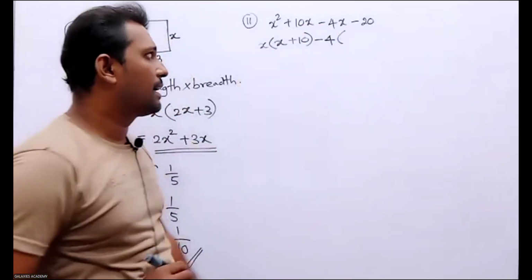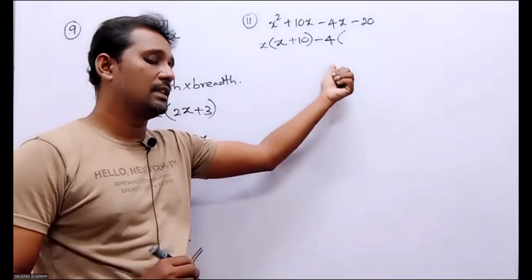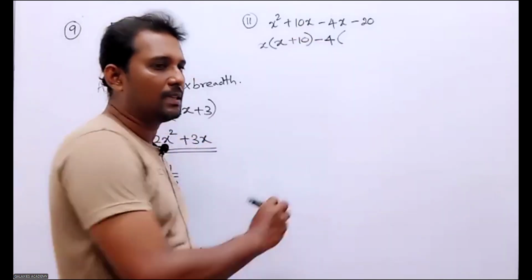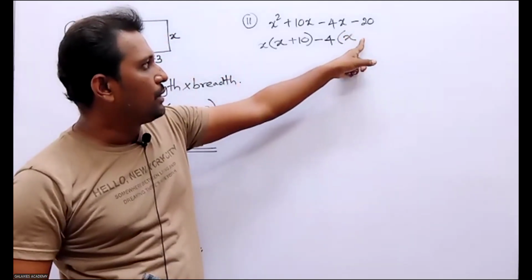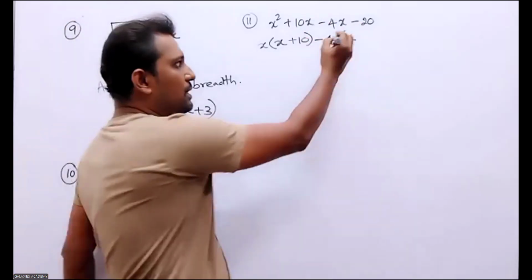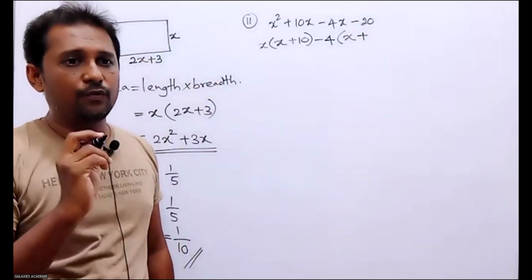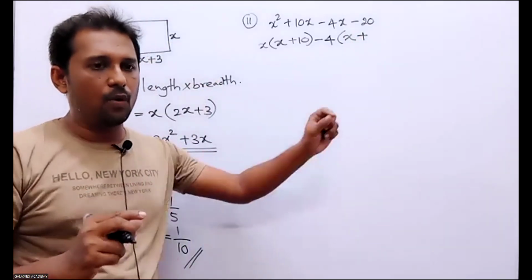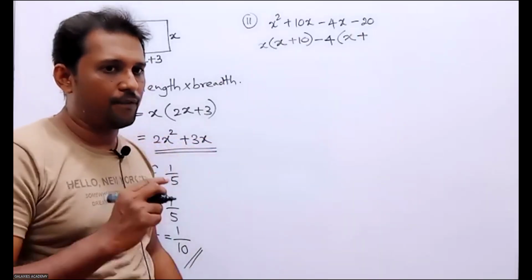Then inside the bracket, 4x means 4 multiplied by x. 4 I take outside the bracket, so x remains inside. This one should be positive, why? We took the negative outside the bracket, so the sign should be changed to positive. 20 means 4 times 5. 4 I take outside the bracket, so inside the bracket remains 5.